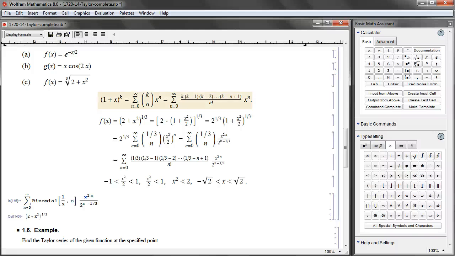Here is the formula for binomial expansion. And then we had to do some manipulation, factor 2 out to force 1 plus something there, and replace x by x squared over 2. And that generated all these. Factoring 2 out completely, we have to multiply 2 to the 1/3 power to each term.